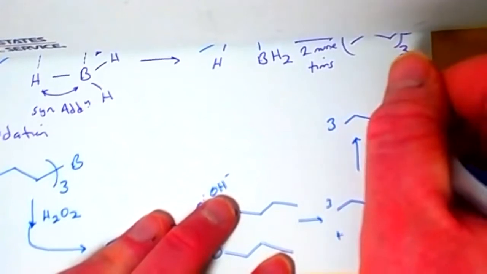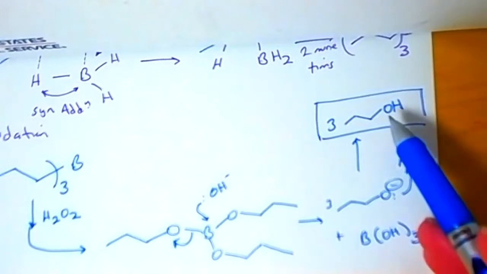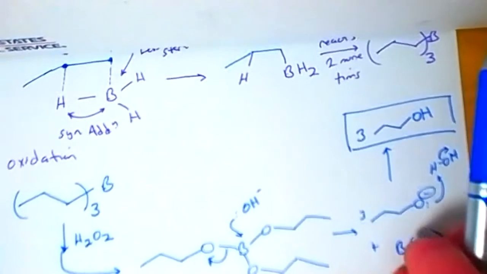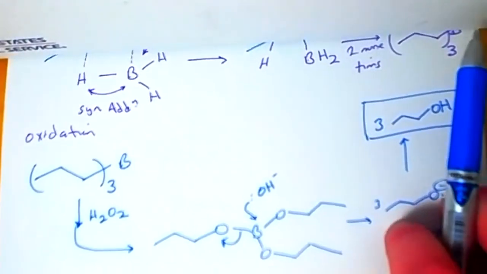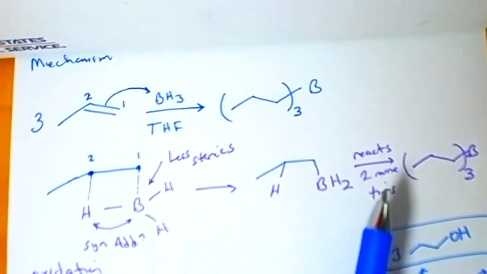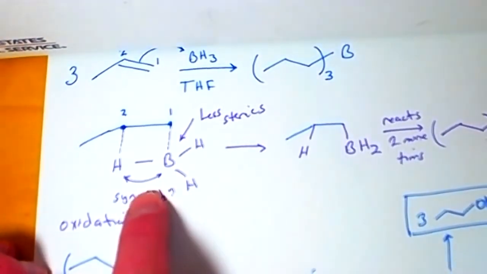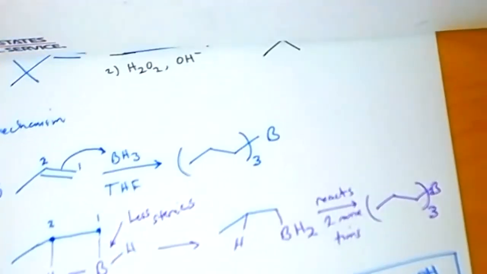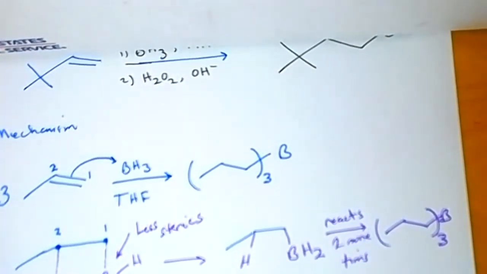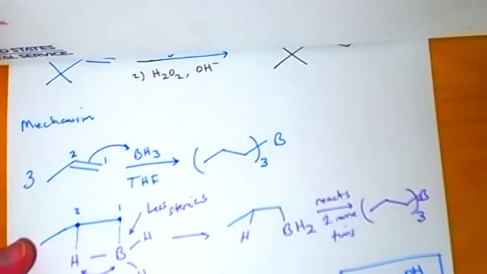And so you end up with 3 equivalents of your alcohol. Now, the mechanism for the oxidation is not really the one that I want you to be focused on. I'm more interested in that you understand this mechanism here for how this syn addition works initially when you add the boron into the system, because that's going to be the one that's important for understanding why you get the types of stereochemistry that you get.